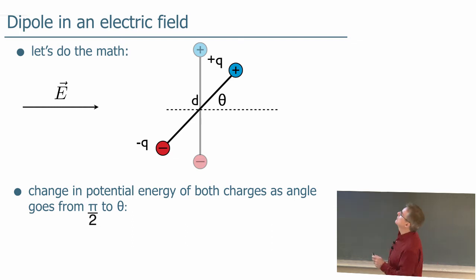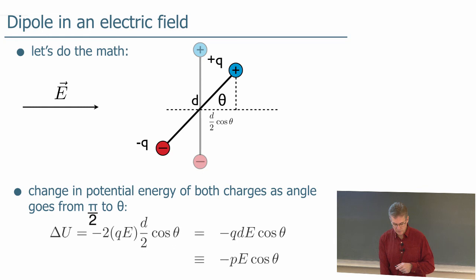Well, that means the positive charge has moved a certain distance along the electric field direction, which we can calculate. And we see that since this is d over 2, the hypotenuse here, this is a right triangle, then this is d over 2 times cosine theta. So now we know how far along the field the positive charge has moved. And the negative charge goes the opposite direction.